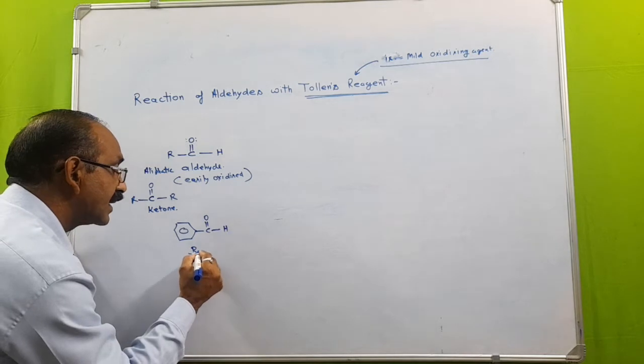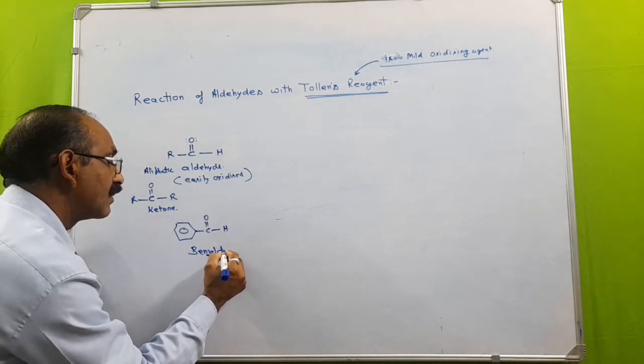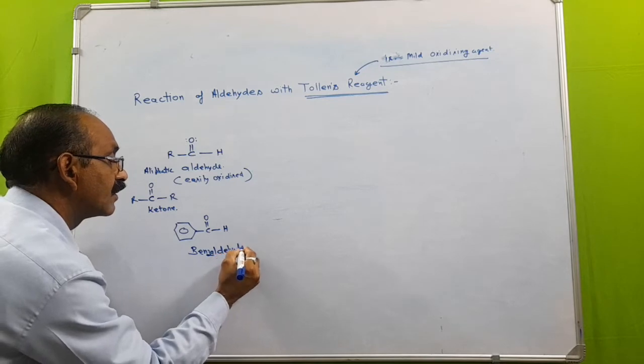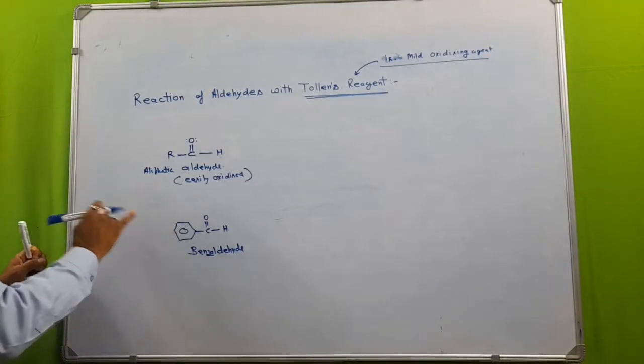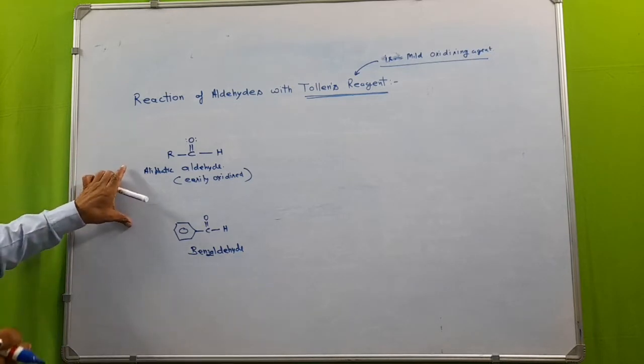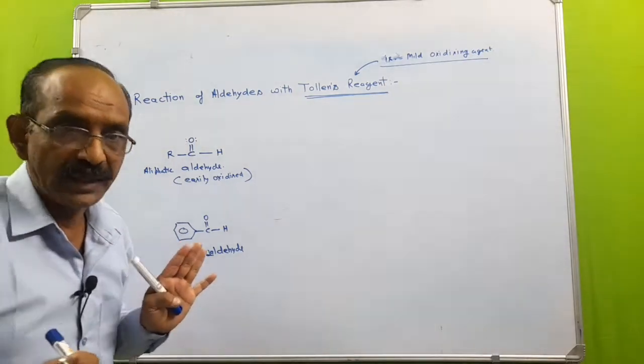See, this one is the benzaldehyde. So, aliphatic as well as aromatic, both the aldehydes will be oxidized by the Tollen's reagent.